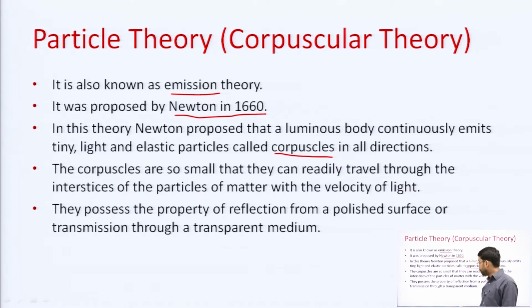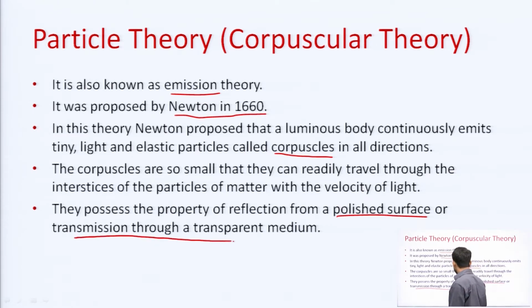Also, they possess the property of reflection from a polished surface or transmission through a transparent medium. So, he also assumed that these particles are so elastic that they are reflected back from a polished surface, and they are so small that they can travel through matter if it is transparent, and they are so lightweight that their weight is almost negligible.